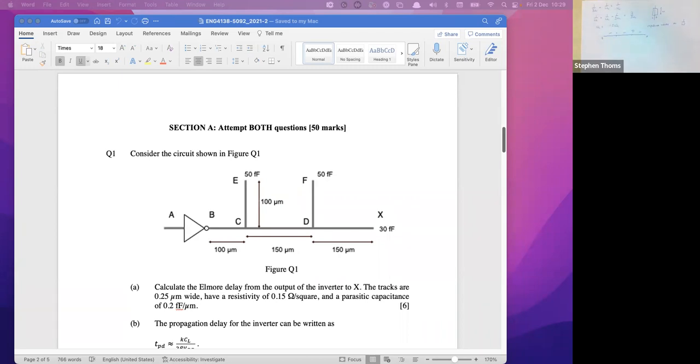So what we're going to do to start with is ignore the side branches. Remember that if you ignore the side branches, you get a slightly optimistic picture. That's fine. That's what we'll do to begin with.